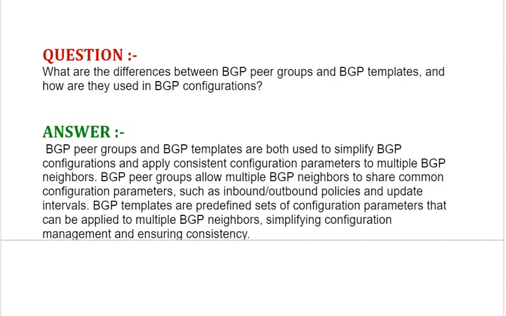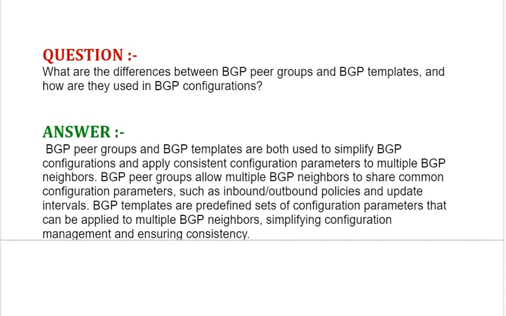Our next interview question is, what are the differences between BGP peer groups and BGP templates, and how are they used in BGP configurations? Your answer should be, BGP peer groups and BGP templates are both used to simplify BGP configurations and apply consistent configuration parameters to multiple BGP neighbors.